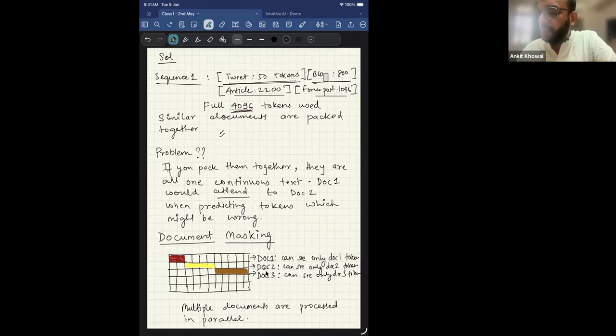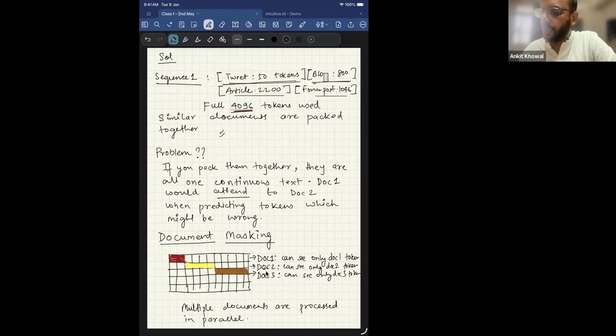Now there is a problem with sequence packing. We learned during the attention phases that when a model has to understand the meaning of a particular word, it looks around at all the content around it, correct?